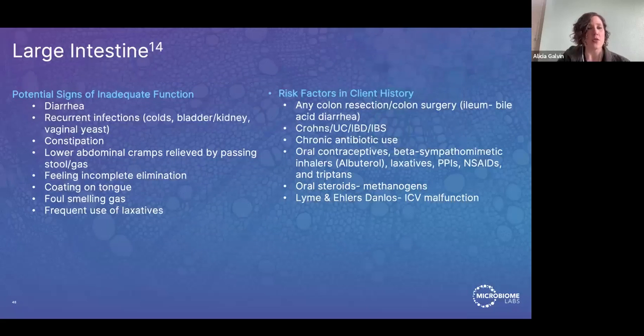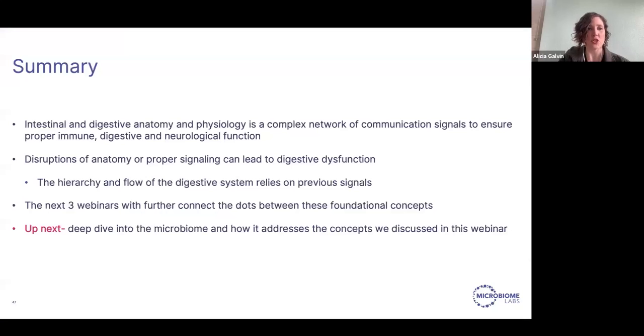So these would be some other large intestinal signs of inadequate function, and also some things to look for in a client's history. In summary, we have a pretty fabulous digestive anatomy and physiology that works for us. It's always trying to work for us. So if we have symptoms that are working against us, it's because the body's trying to compensate for something.